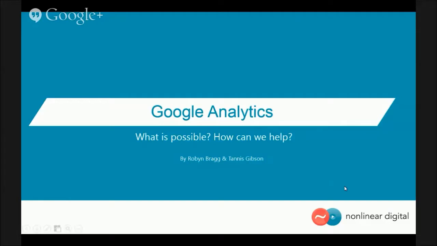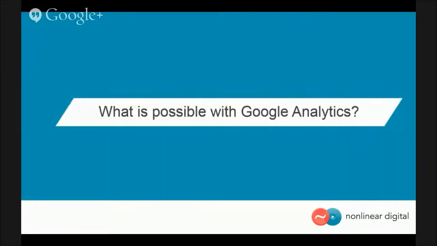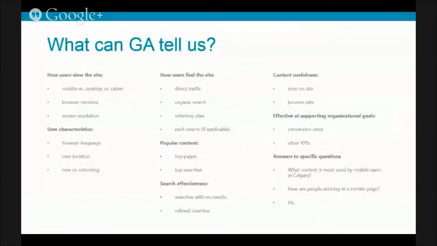So when we get started here, what is possible with Google Analytics? All of this you can find online, and Google has some great tutorials and videos, but here's a teaser. Obviously, how users view the site: are they coming in with a mobile, a desktop, a tablet?